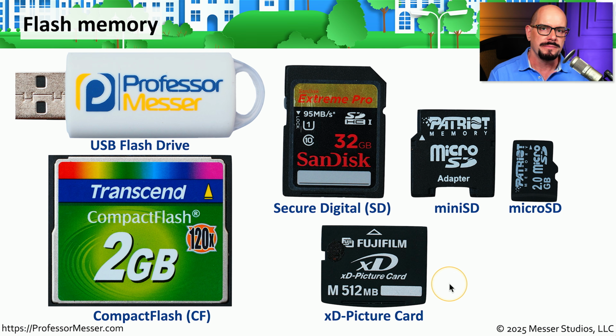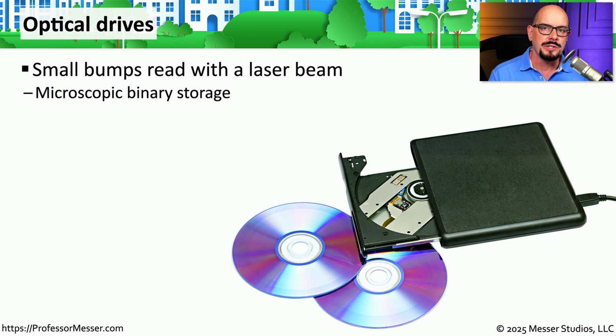We don't tend to see optical drives used very much in our production systems these days, but there is a lot of information that we've stored through the years onto this optical drive format. Optical drives are using small bumps that are written onto the drive itself with a laser beam.